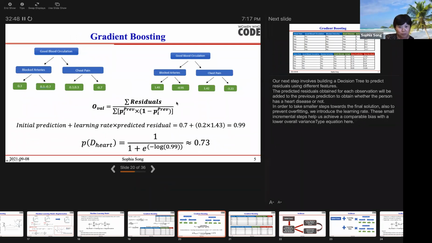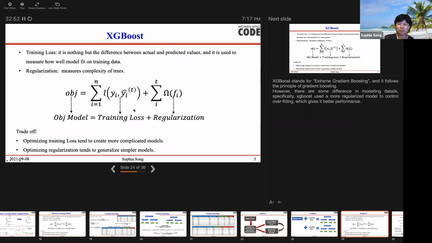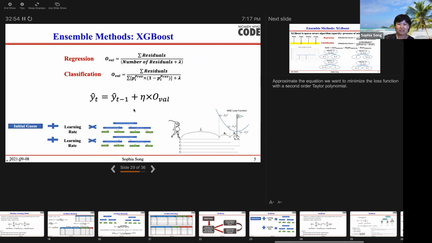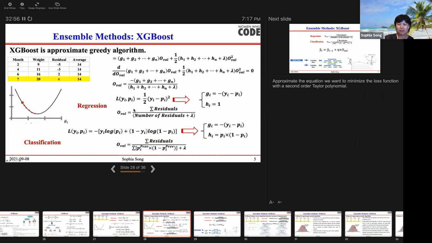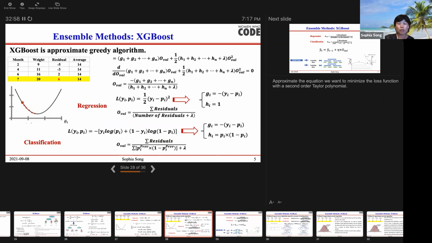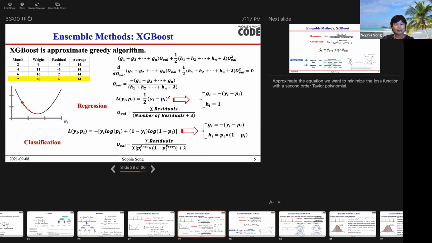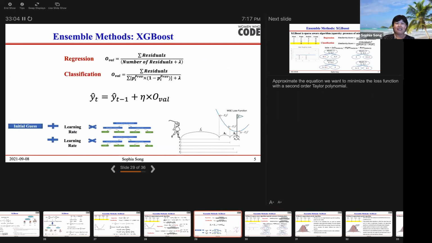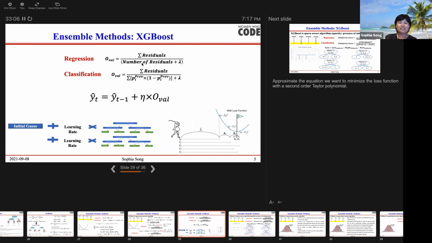So I introduce this function here, and here we prove why we use it, because we approximate our loss function with a Taylor approximation. Finally we get the regression output, and we can use this formula to calculate the classification.